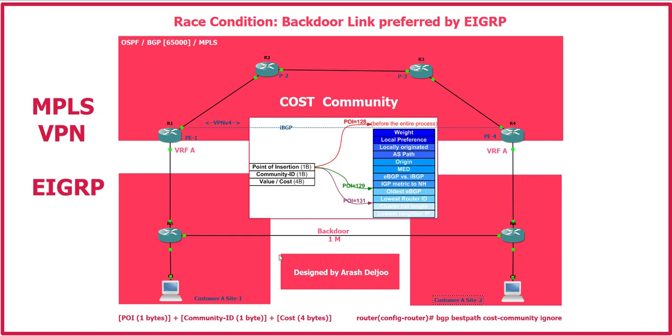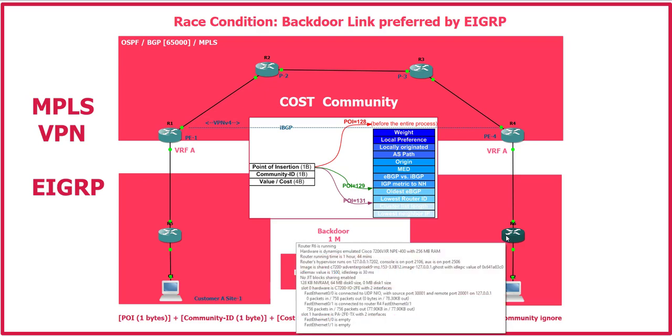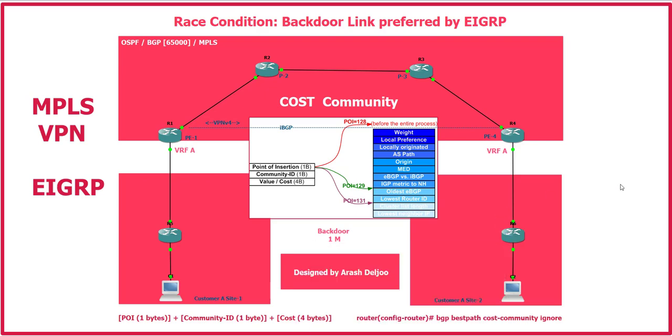But as you can see, we have a direct link between the two sites. You know that in most cases we don't have a direct link between the customer sites. The normal usage of the MPLS layer 3 VPN is only one connection between the two sites of a customer, and that is the MPLS layer 3 VPN link.